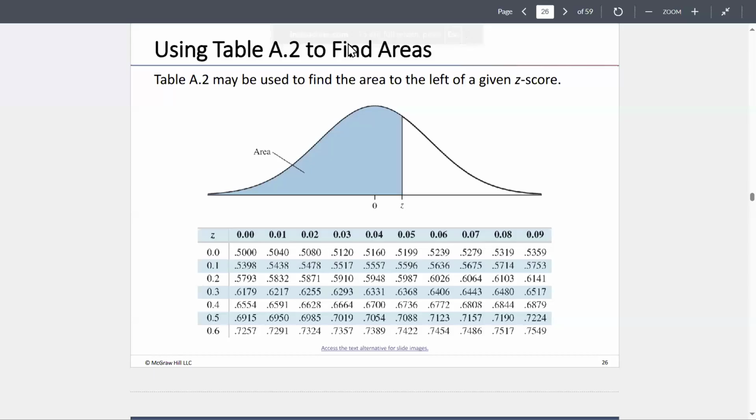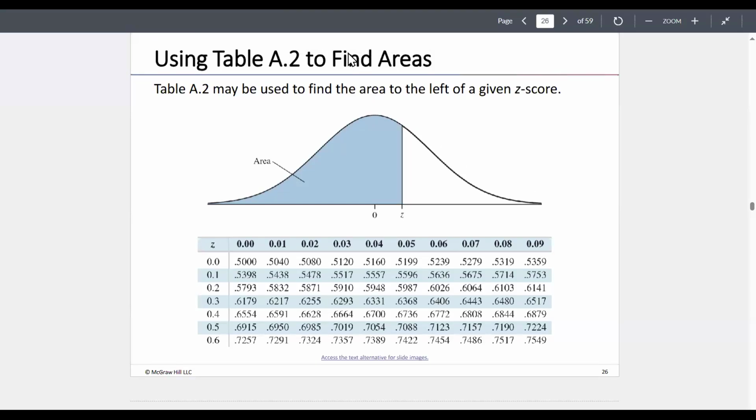Right here we're going to have pictures of the areas and parts of the z-score on these slides, so we don't have to keep going back to the table, but we will eventually start going back to the table again. The table may be used to find the area to the left of a given z-score. It's always going to be the area to the left. That's the part to always remember. This will change when we talk about the TI-84.